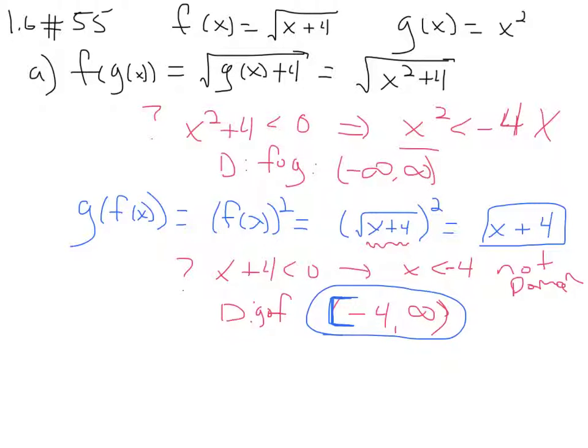Okay? So the domain of f of g of x, which is square root of x squared plus 4, is everything, but the domain of g of f of x is negative 4 to infinity, and the function is x plus 4.